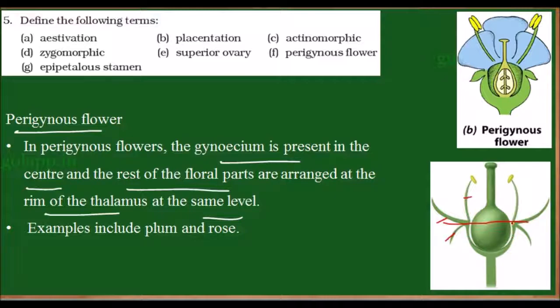This part is thalamus. They all are arranged at the same level; only gynoecium is present at the center. This arrangement is called a perigynous flower. We can see such flowers in rose plant and plum.